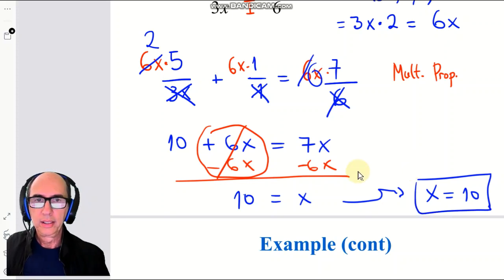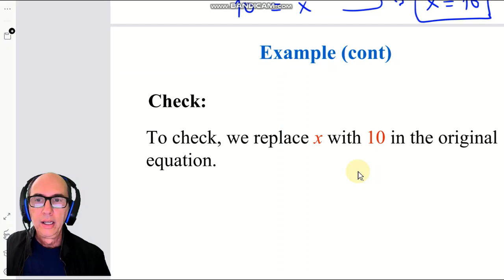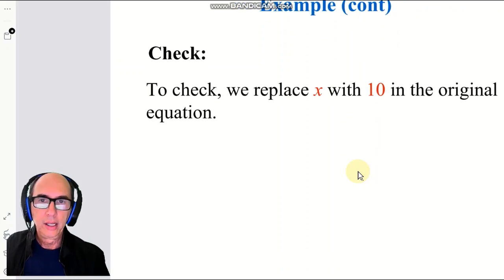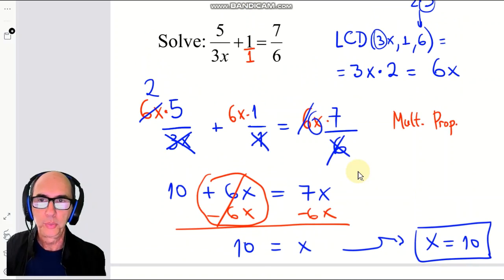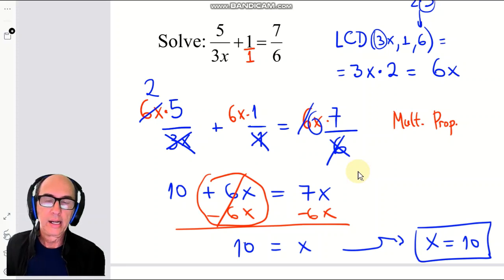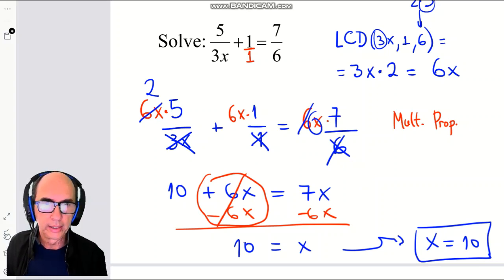Okay, nice. Always check your answer, especially if you're working with rational expressions. And I say especially because when you check an equation that doesn't have any rationals, you're just checking if you did everything right and you found the right answer.